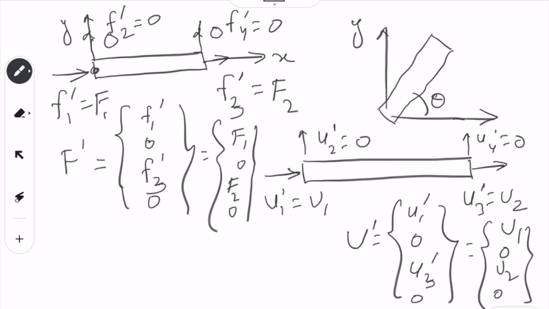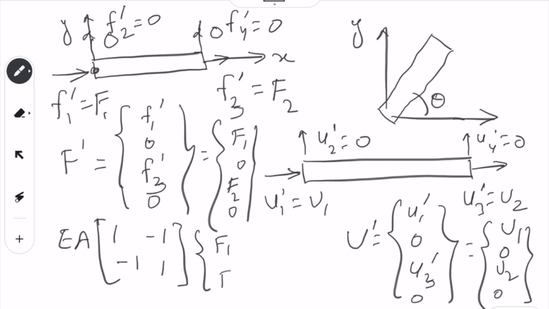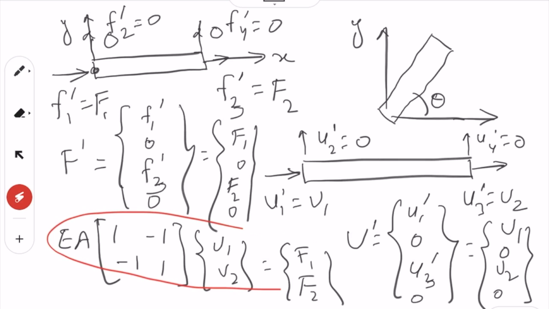And accordingly the k can also be split, since we know from the earlier lectures we have the relationship 1 minus 1 minus 1 1, and then we have u1 u2 equal to f1 f2, but this is in a 2 degree of freedom system.